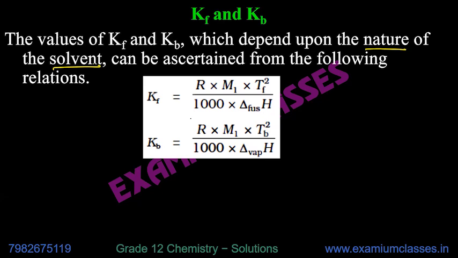Delta H fusion is the heat of fusion, delta H vaporization is the heat of vaporization. So there can be direct formula-based questions in JEE and NEET both. For that you need to remember it; for CBSE you can skip it.